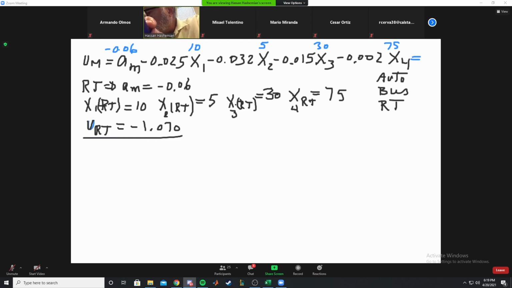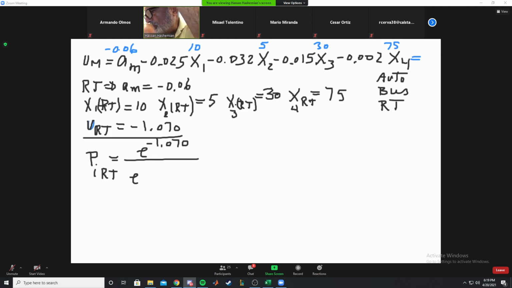Now, how do we find the probabilities? I will say that the probability of individual person i using rapid transit is equal to e to the power of minus 1.070, that's the rapid transit utility, divided by the summation of the modes. So how many modes do we have? We have 3 of them.